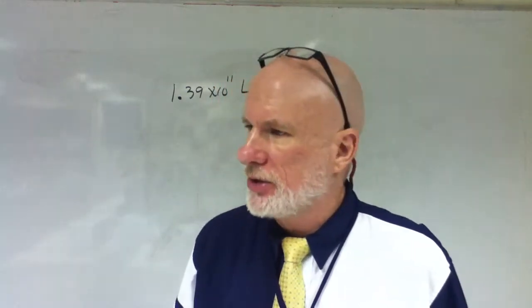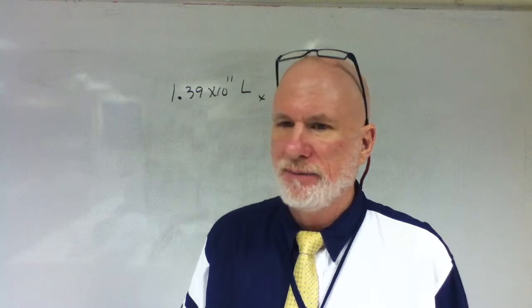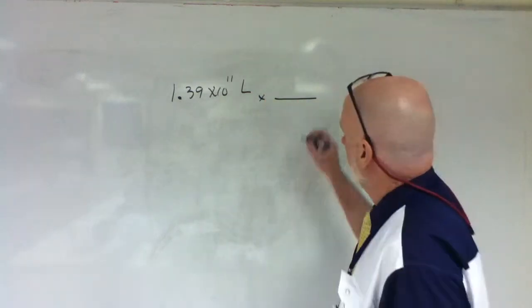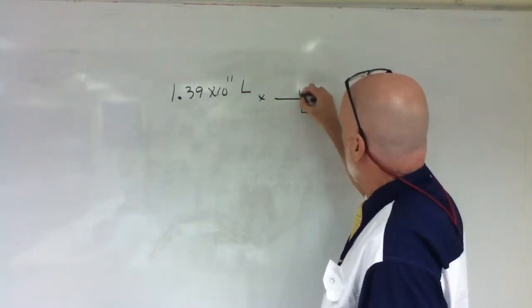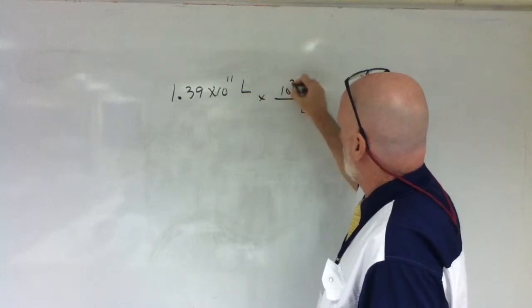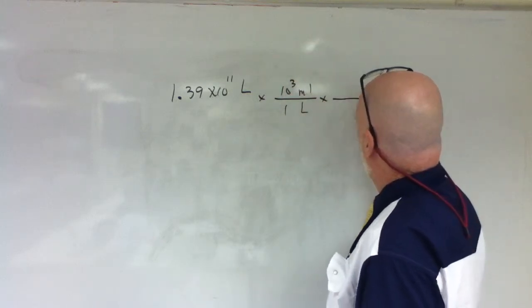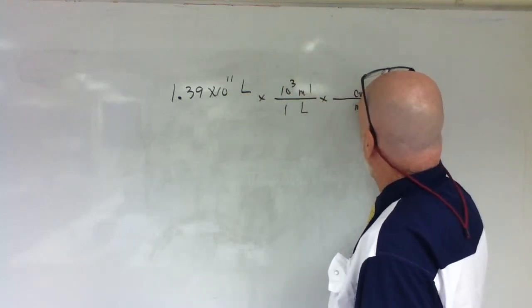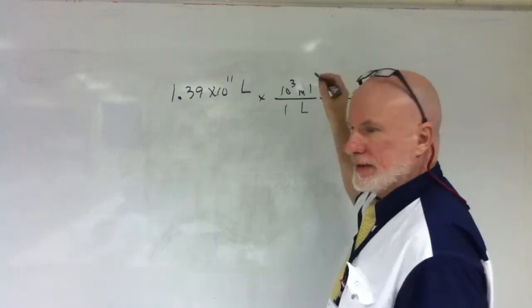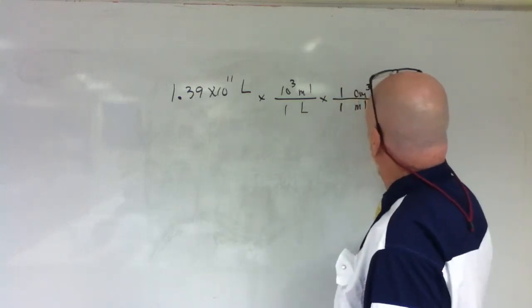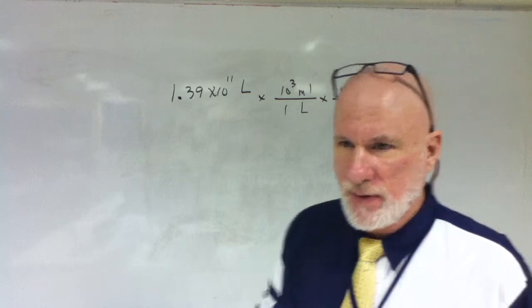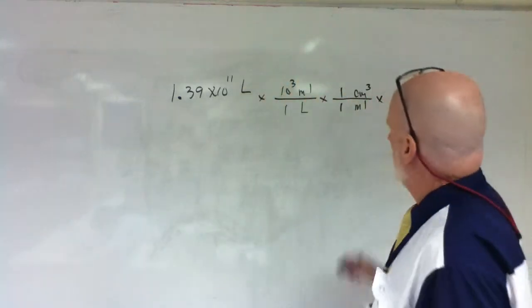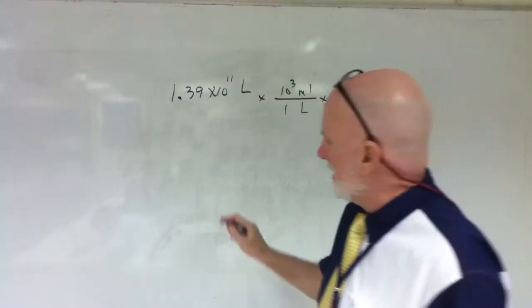How many milliliters are there in a liter? 1,000, right? 10 to the third. Now, milliliters to cubic centimeters, isn't it 1 to 1? Correct?